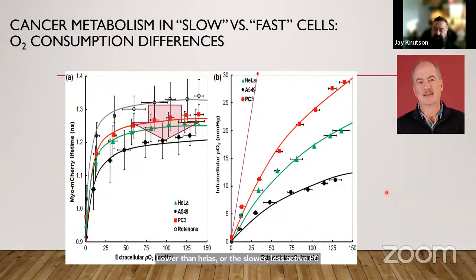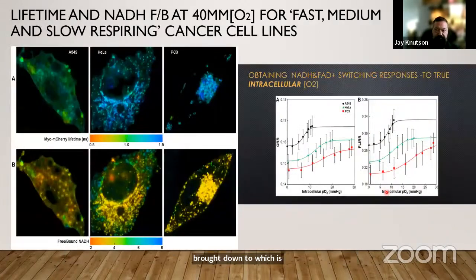So this is an alternative way to look at the OXPHOS system. One can certainly look at NADH and NAD, get redox ratios. That's sort of one view of the OXPHOS system. The other is to look at how much oxygen is being consumed, which can be done in bulk, or look at the levels that it's being brought down to, which is this direct imaging.